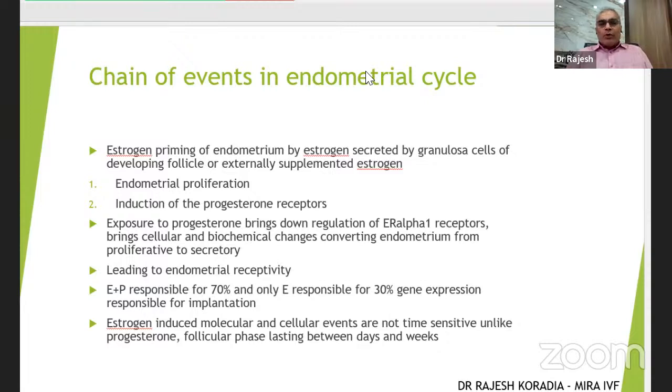Estrogen and progesterone receptors are responsible for 70%, and only estrogen for 30%, of the gene expression responsible for implantation. The estrogen-induced molecular and cellular events are not time sensitive, unlike progesterone. The follicular phase may last between days and weeks.